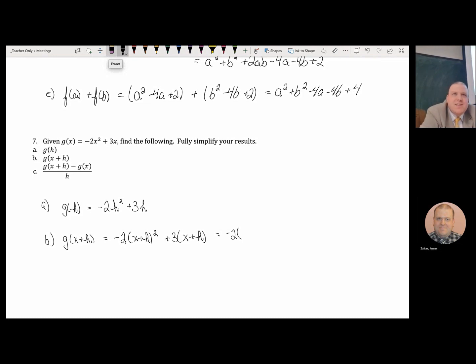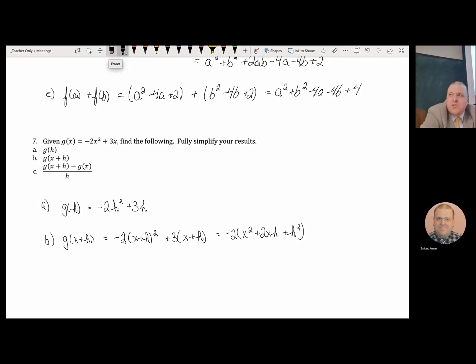First thing to do, expand out the x plus h squared. Now we already saw that with the a plus b, same thing, right?